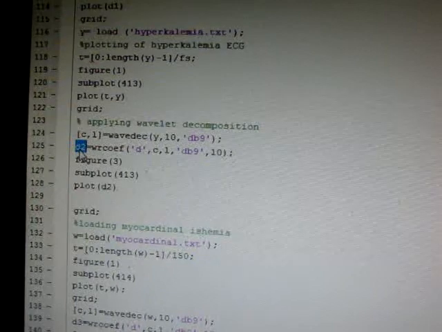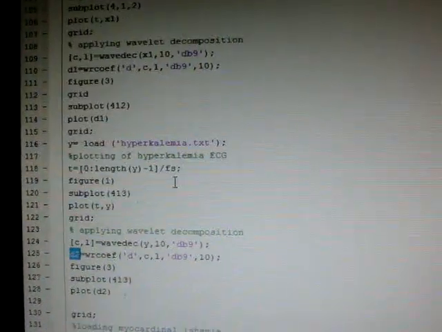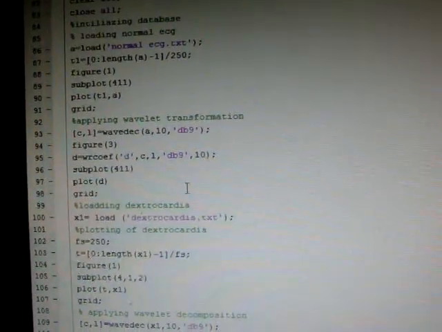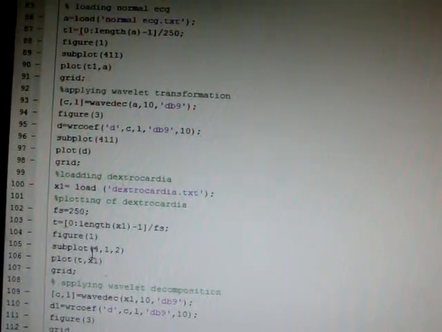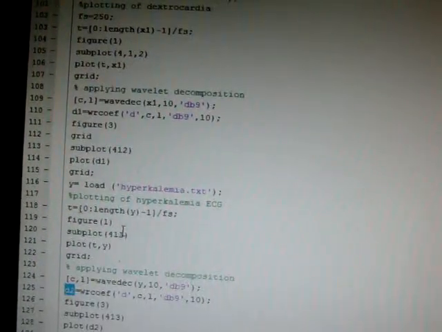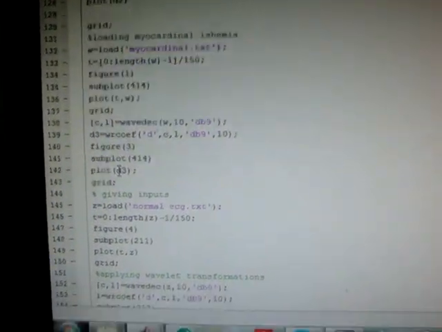We then plot the following output of the ECG. With these steps, we initialize the database: for normal ECG, which is D; for dextrocardia, which is D1; for hyperkalemia, which is D2; and for myocardial infarction, which is D3. And with this, we are done with stage 1.